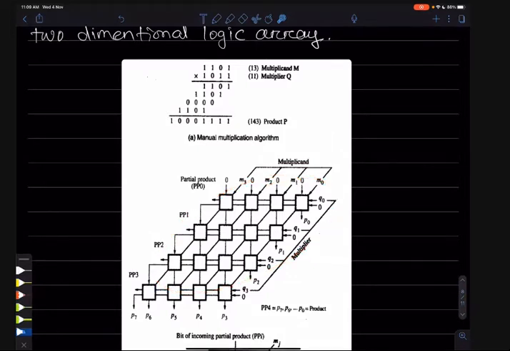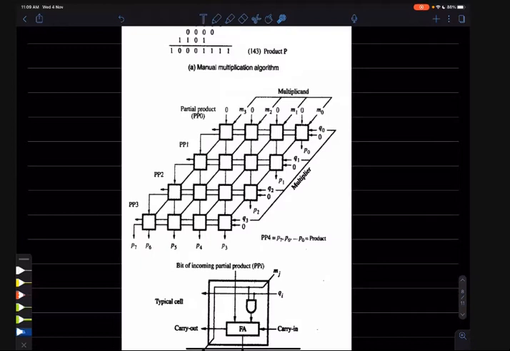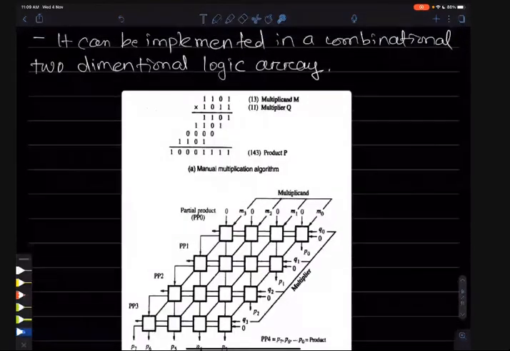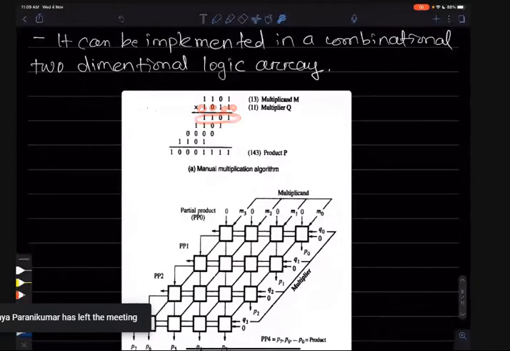If you see this figure, you can understand what the inputs to these boxes are. One M bit is coming. Previously the partial product is 0, that's why the previous values of the partial products are 0 0 0 0 in the first stage, because this number will be added with 0 0 0 0. That means nothing.